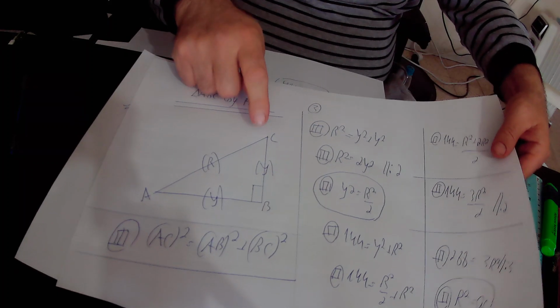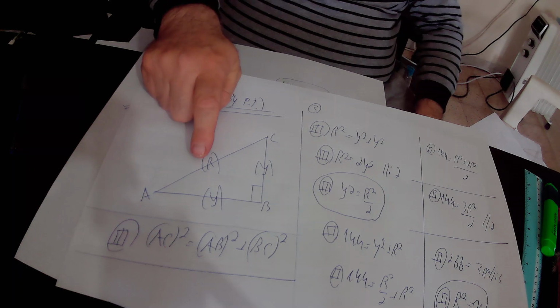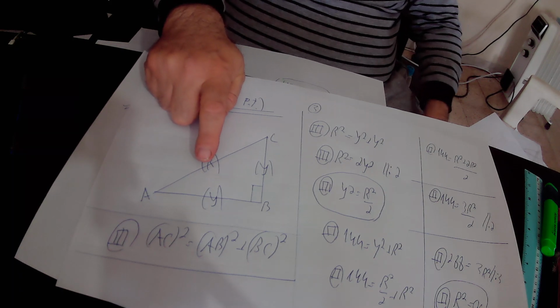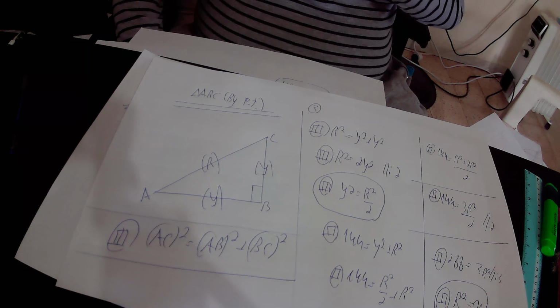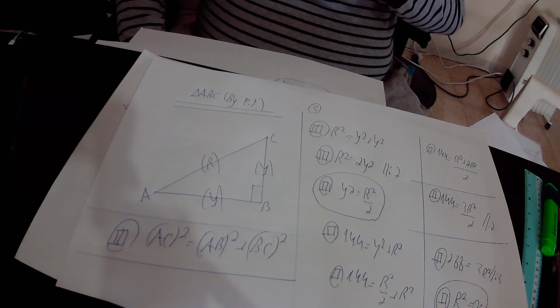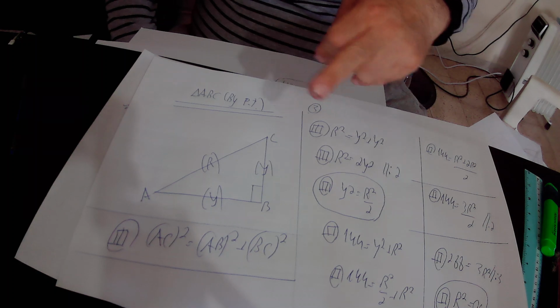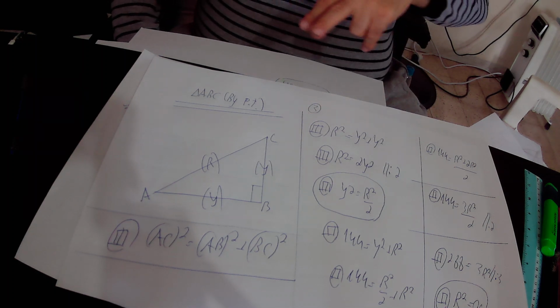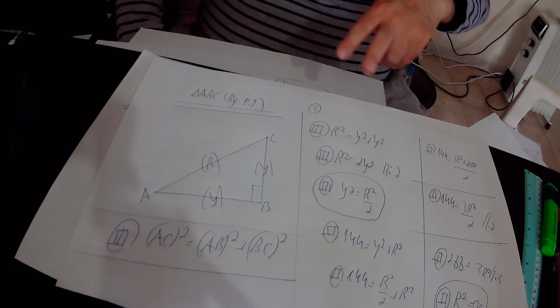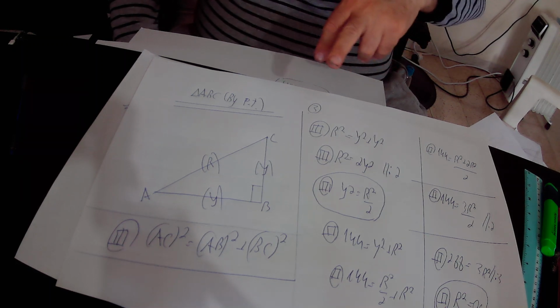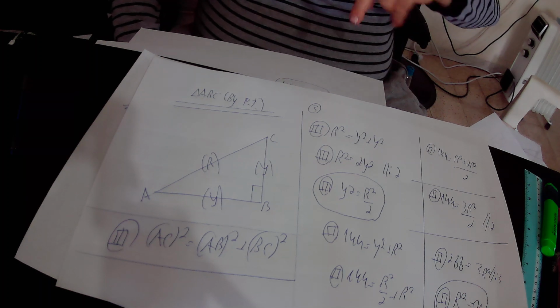BC is one side of square ABCD, that is Y. AB is also one side of square ABCD, that is also Y. So in this right triangle ABC, according to the Pythagoras theorem, AC square equals AB square plus BC square. AC is R, therefore AC square is R square, and it equals AB square, Y square, plus BC square, Y square.